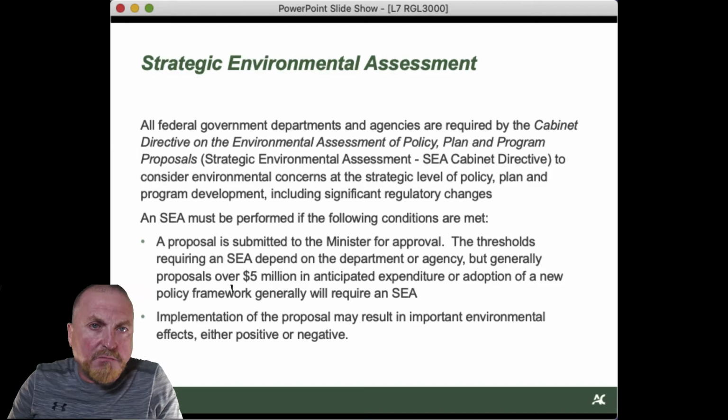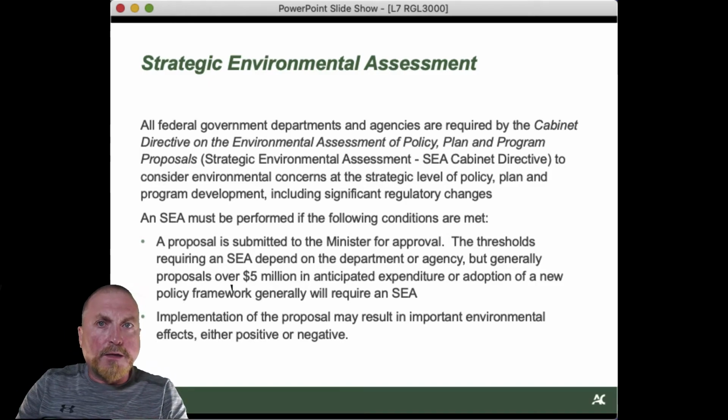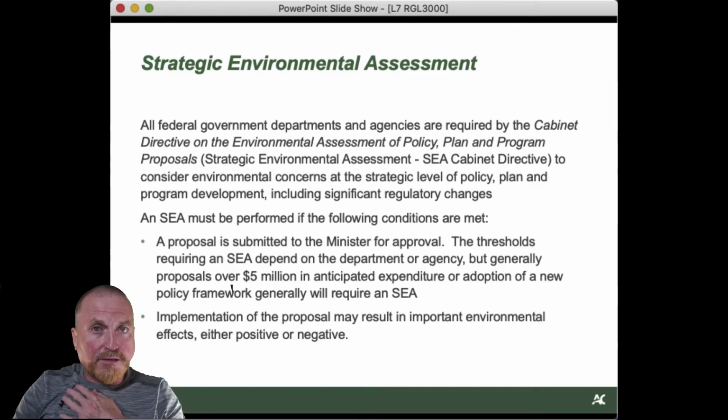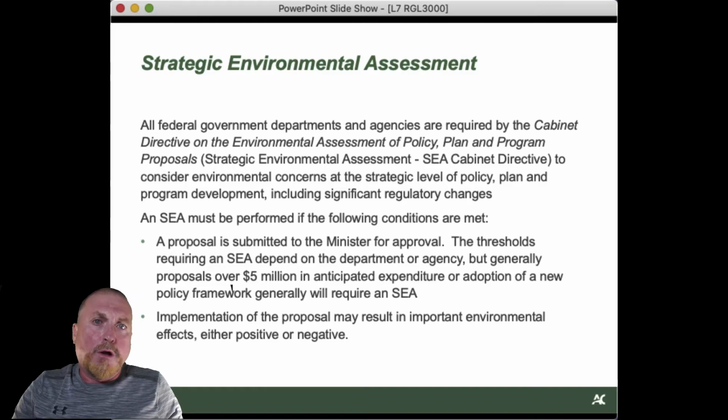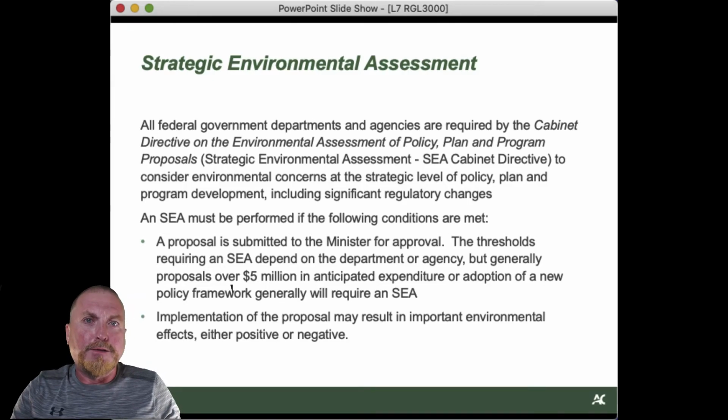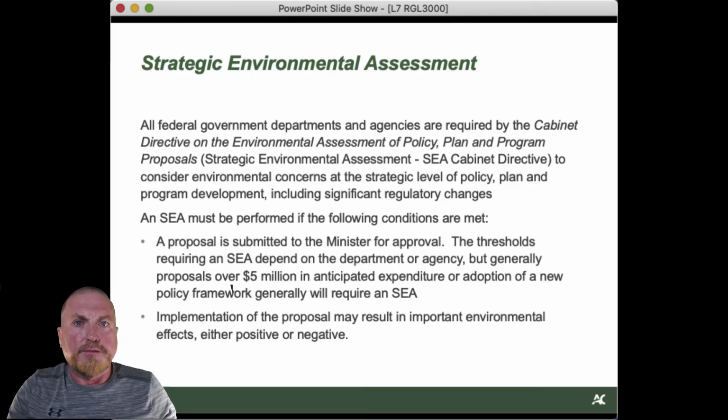So in those cases, criteria 1 is met. The proposal has to go to the minister, and it's going to have a significant impact, in that it exceeds $5 million, which is almost anything of a significant regulatory nature that government would do these days. $5 million doesn't take you very far; it's a drop in the bucket these days.